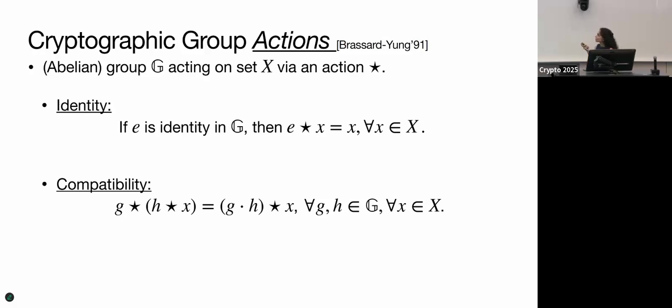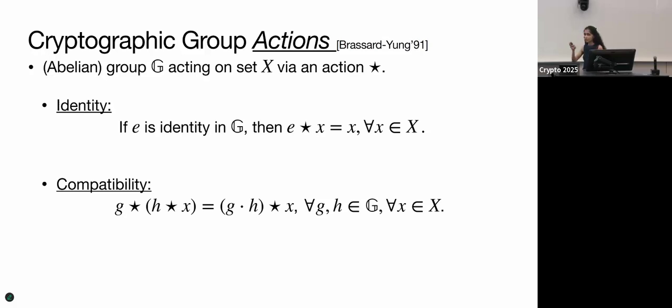An abelian group G acts on a set X, and the action is denoted by a star. There's an identity element e in the group G, and e star x equals x for all set elements x. And the compatibility property is just saying, again, that the order in which you apply the action doesn't matter.